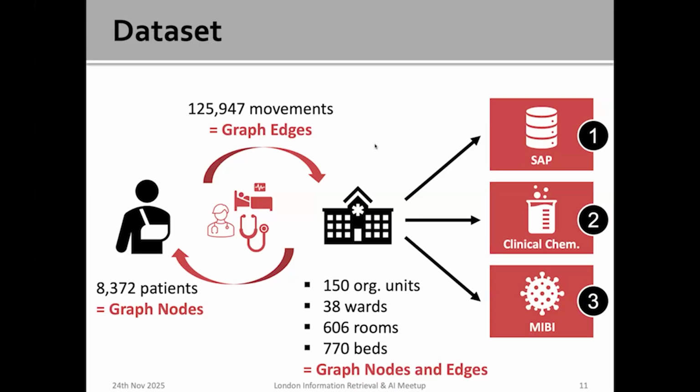So patients are one node type inside of our graph. For the data set that we used, it was about 1/3 of the patients that were hospitalized in 2019, so before COVID-19, to be representative and not biased by COVID-19 measures. And that makes around 8,000 patients in our data set.